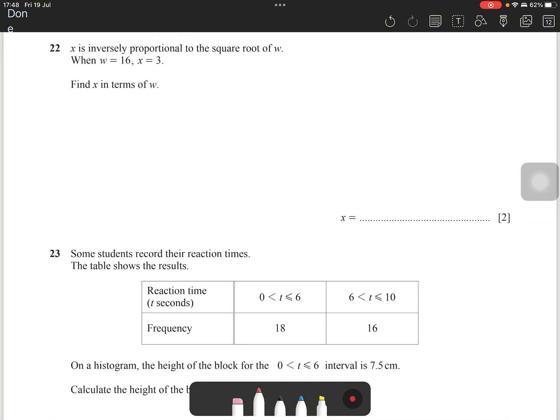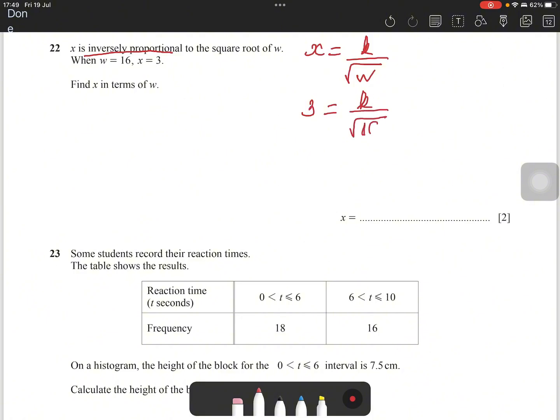Question 22. x is inversely proportional to the square root of w. So x is equal to k over the square root of w. When w is 16, x is 3. So we substitute x equals 3 and w equals 16.